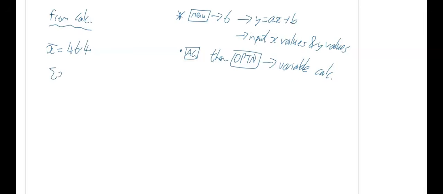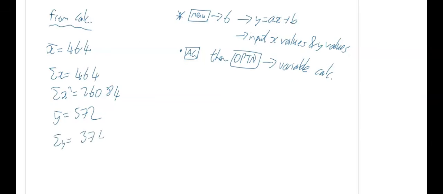You get sigma x, which is 464. You get sigma x squared, which is 26084. You get y bar, which is 572. You get sigma y, which is 37462, and then you can get your sigma xy.